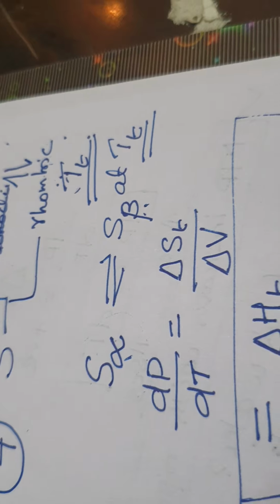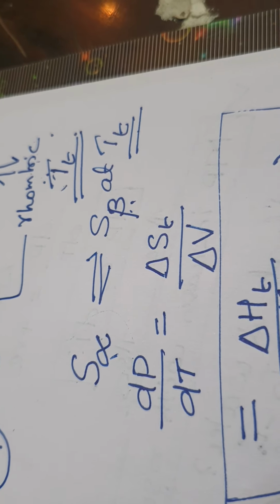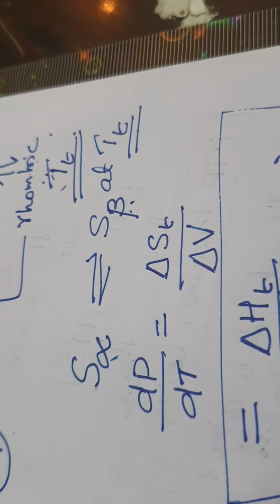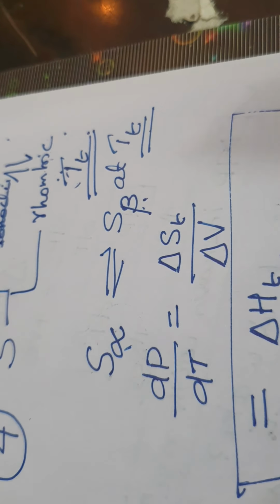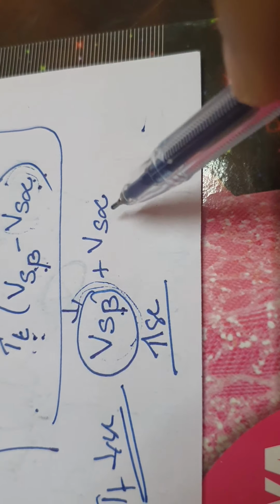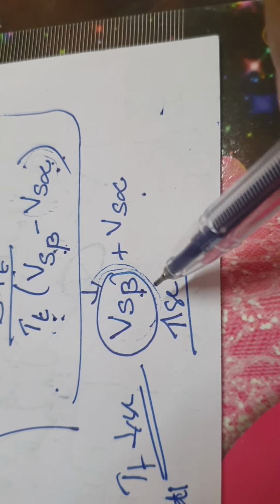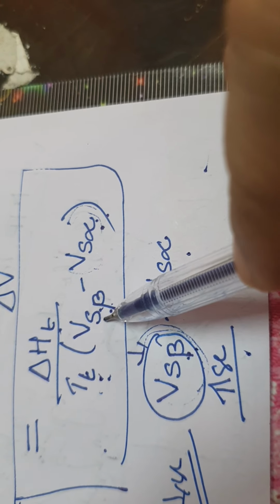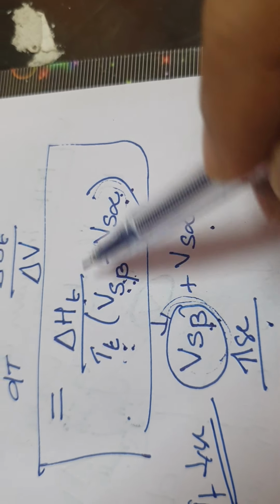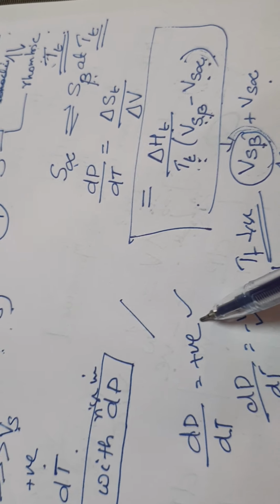Now, whether the transition temperature increases or decreases with rise in pressure is determined by the volume of beta phase or alpha phase. If beta phase is more, meaning when we take volume of beta phase minus volume of alpha phase, this will be positive, so dP/dT will be positive.